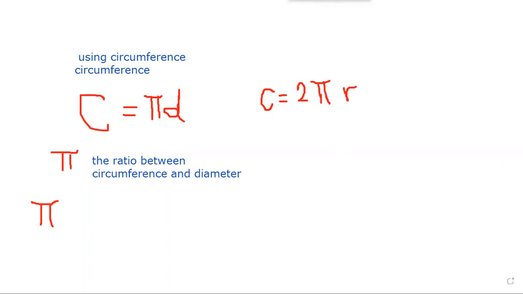Gasser? Gasser left? Yes, Miss. What is the value of pi, Gasser? 3.14. We can say 3.1400.